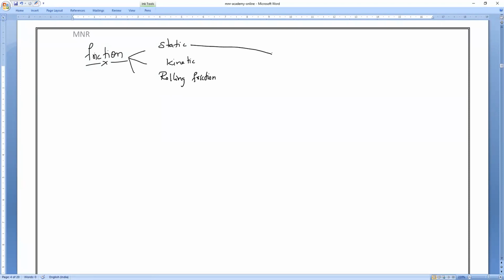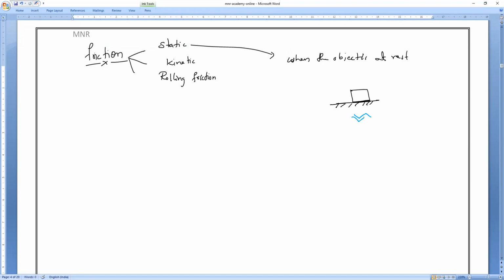Static friction comes into play when the object is at rest. Suppose this is the surface, and an object is lying on it. Both surfaces are in contact with each other, and wherever they make contact there is an interlocking of irregularities.